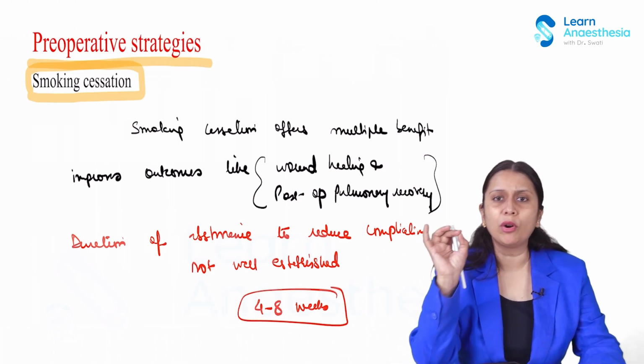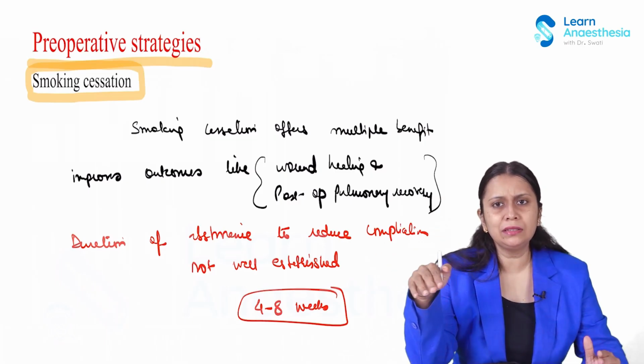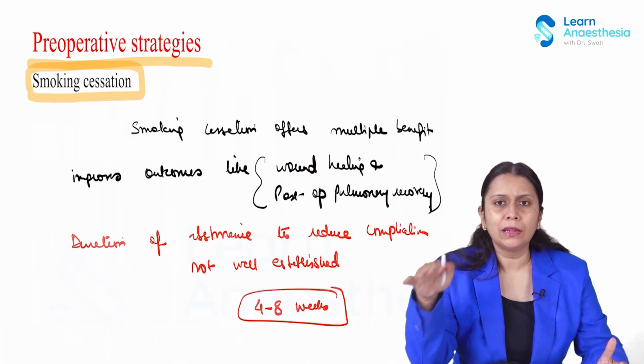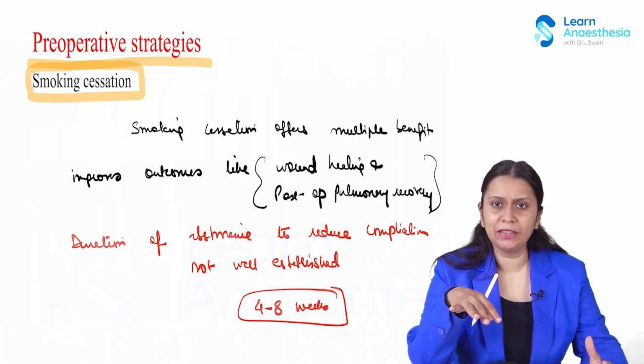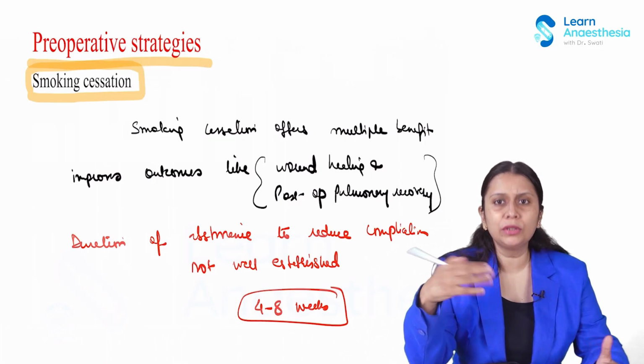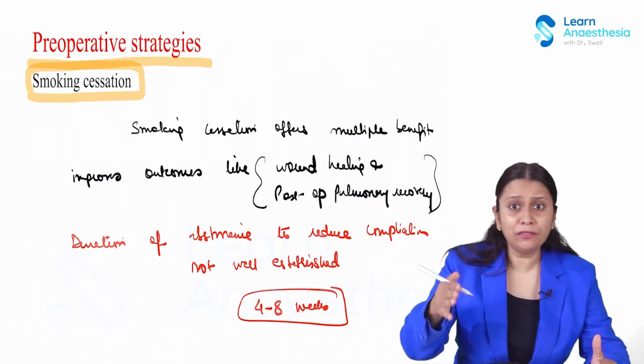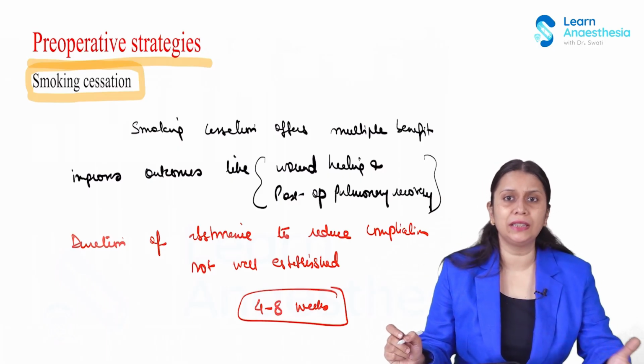Now one important clinical question recently came up: if someone stops smoking less than 8 weeks prior to surgery, in some patients an increased risk of pulmonary complication has been noticed, right? If the abstinence is for less than 8 weeks.